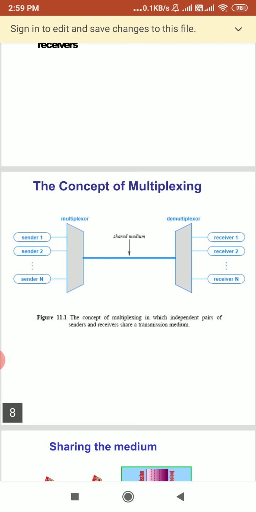It means we give the time slot to each and every signal, and we share that over a channel, and at the receiver we again do the separation from the signal which we get over a channel.